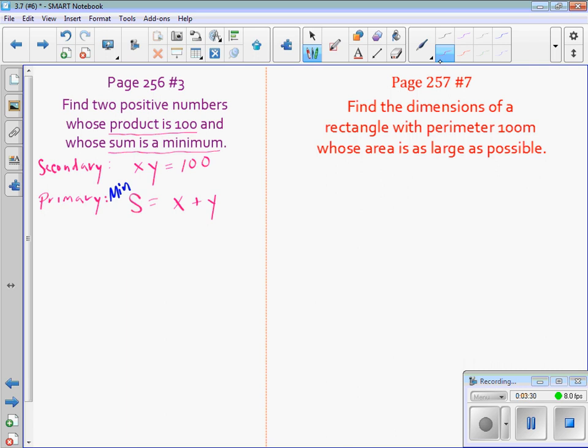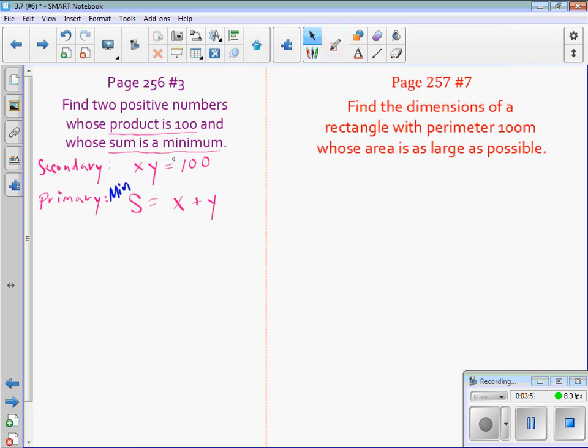Ideas on what I can do. So if I want to minimize this, I'm going to want to take the derivative. But what do I want to do before I do that part? Okay, so use this top equation.